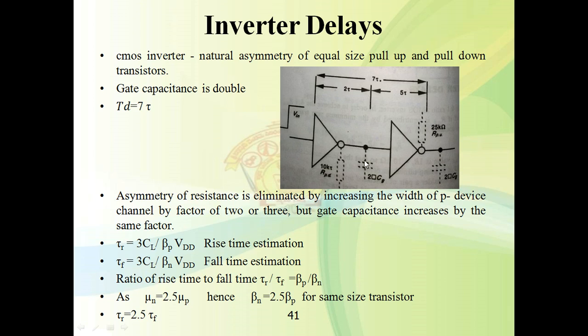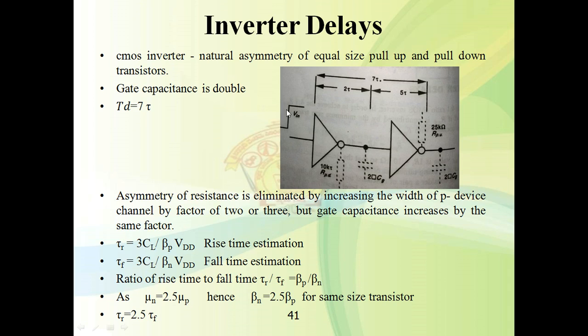So for the first stage the time delay is 2 tau, and for the second stage it is 5 tau. So for one pair it is 7 tau.